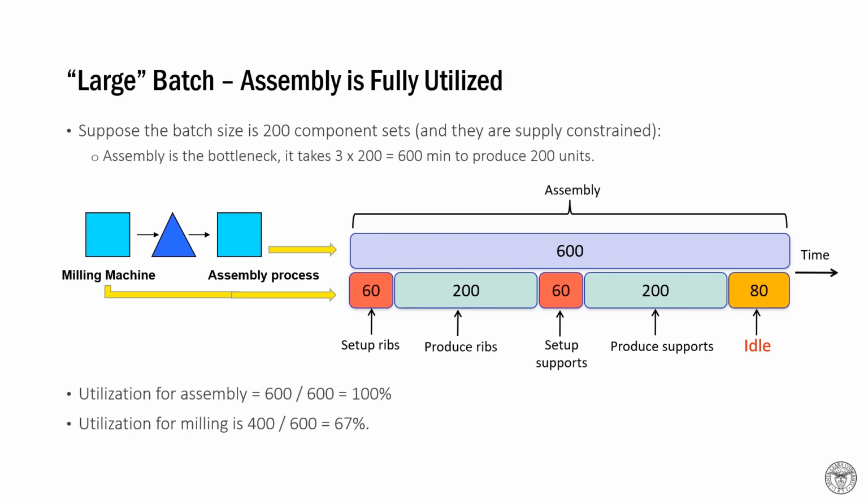On the other hand, the milling process's utilization rate increases to 400 over 600, or approximately 67%. Understanding this shift in utilization with changes in batch size is critical to maximizing efficiency in our operations. As we proceed, we will discuss strategies to optimize these factors to achieve the best possible performance.